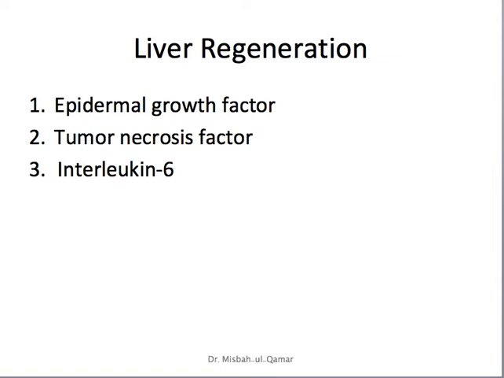Then, once the normal mass and volume of the liver is achieved, the termination of regeneration is achieved through transforming growth factor beta, which is a cytokine released by hepatocytes and is a potent inhibitor of liver cell proliferation.